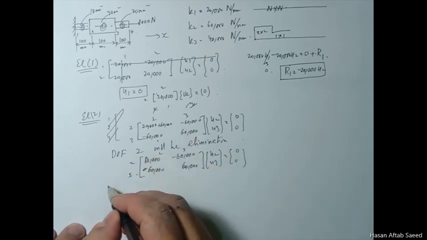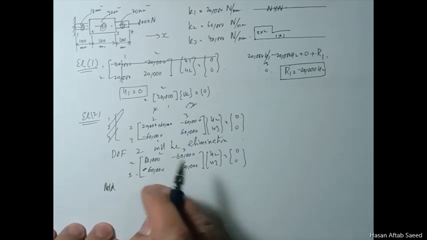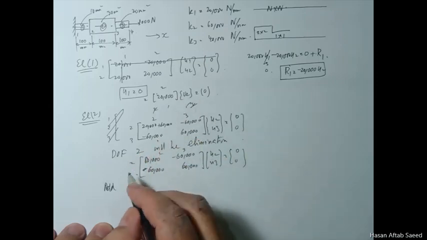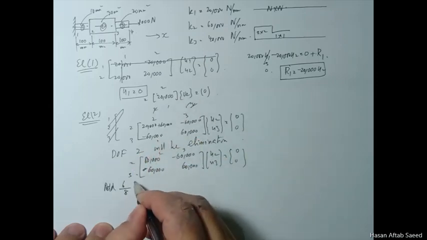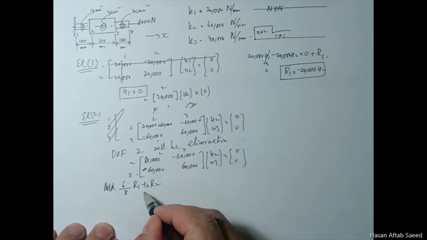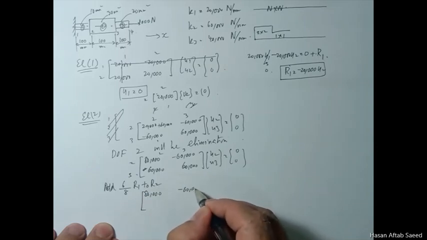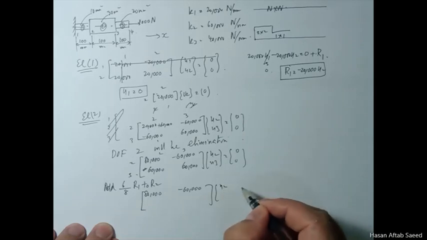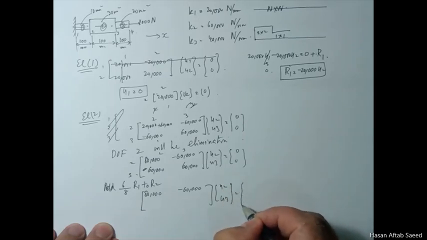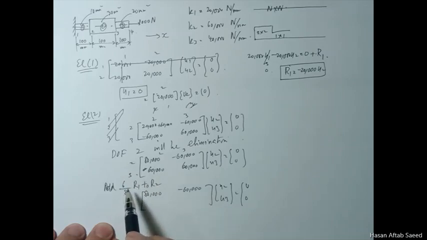If we add actually 6 over 8, 60,000 over 80,000, that is the factor. Add 6 over 8 r1 to r2, then it's very easy to see that this first line obviously doesn't matter, it's the same. Six multiplied by r1 over 8 is 60,000. Added to 60,000, this becomes 0.